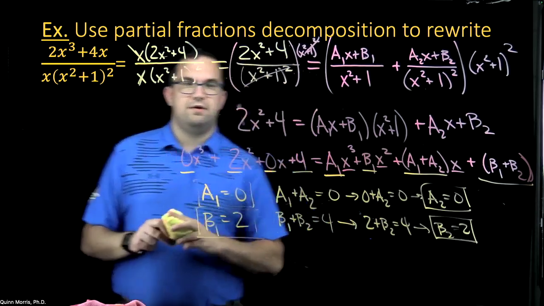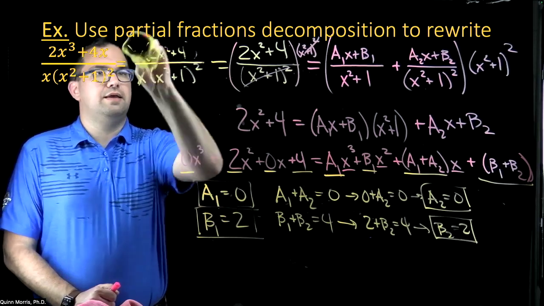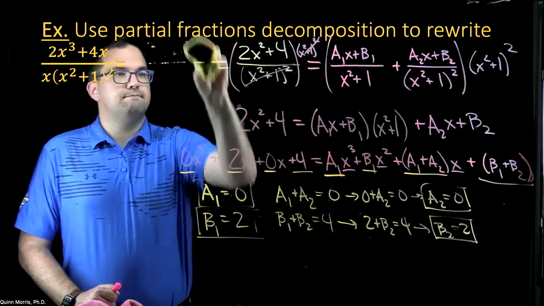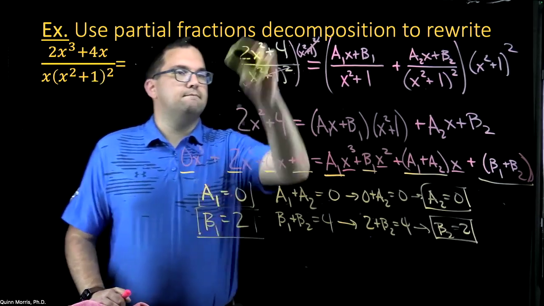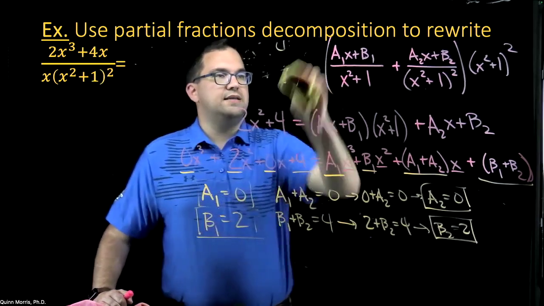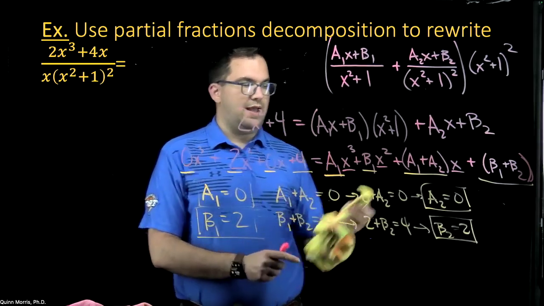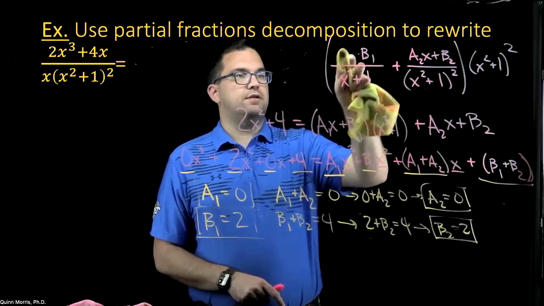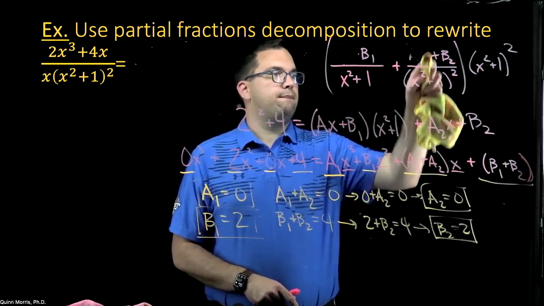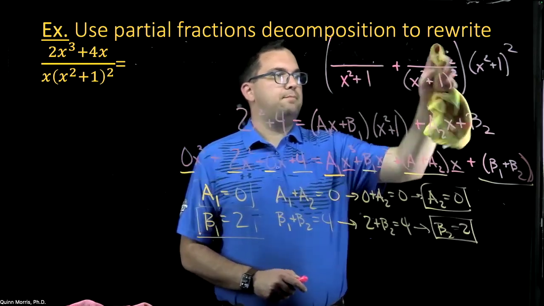So now at the end of the day, what we end up with is that this whole thing, I'm going to just erase this intermediate stuff here. And now I can just plug in my values. Well, a1 and a2 are both 0, so they're going to go away. And here my b1 is 2 and my b2 is 2.